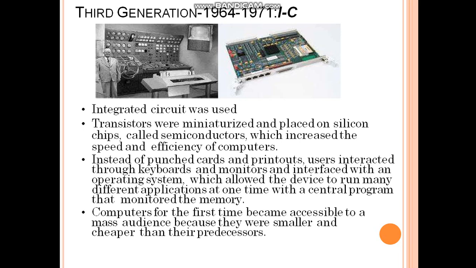Instead of punch cards and printouts, users interacted through keyboards and monitors and interfaced with an operating system, which allowed the device to run many different applications at one time with a central program that monitored the memory. Computers for the first time became accessible to a mass audience because they were smaller and cheaper than their predecessors.